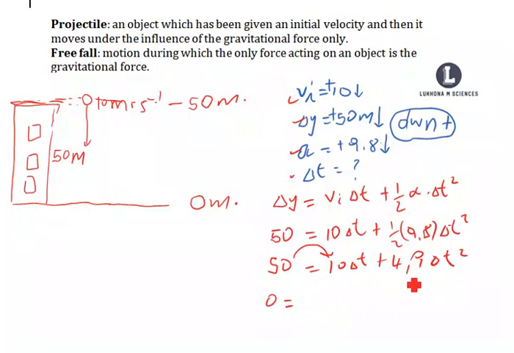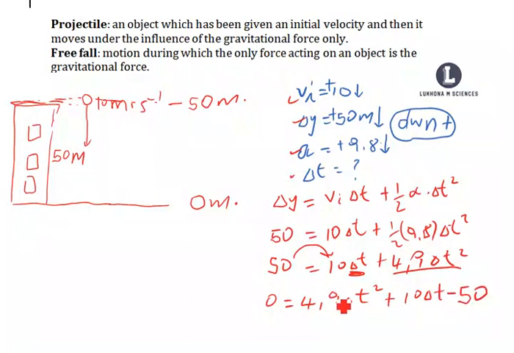This one is squared, which means that is the first term of the quadratic equation, that is delta t squared. This one has t to the power 1, the second term, that is delta t. When you transpose this one, the sign becomes negative, so it's negative 50 now.